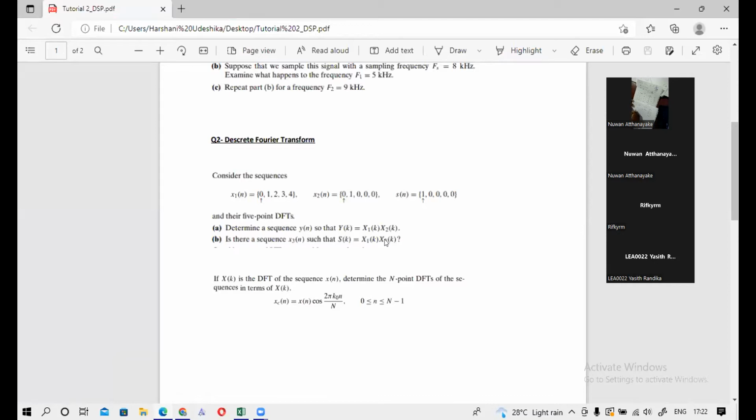I write the S1[n] also here, that is 1 0 0 0 0 something. So now S[k] equals X1[k] X3[k]. I think that is not much difficult, we can do that.